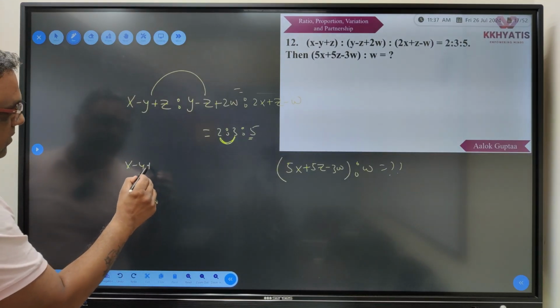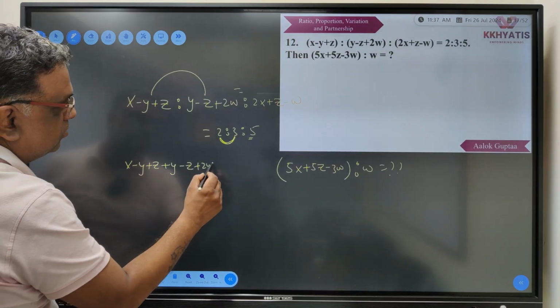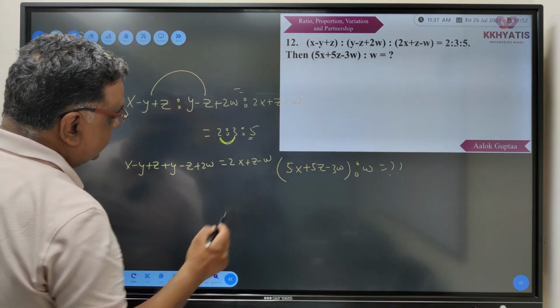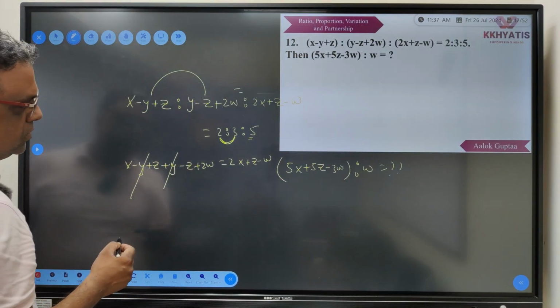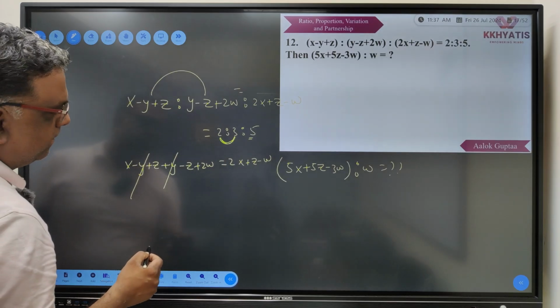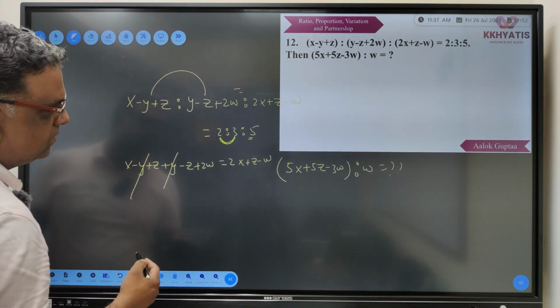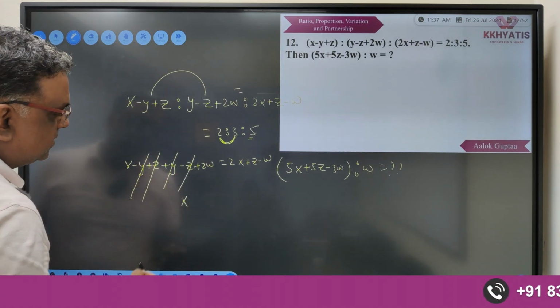x minus y plus z plus y minus z plus 2w should be equal to 2x plus z minus w, right? This y will cancel with y. I will take all of this on this side. So x, this z will get cancelled with this z.